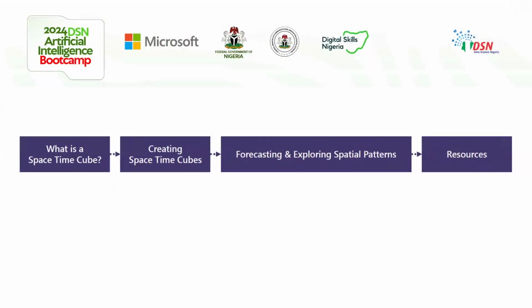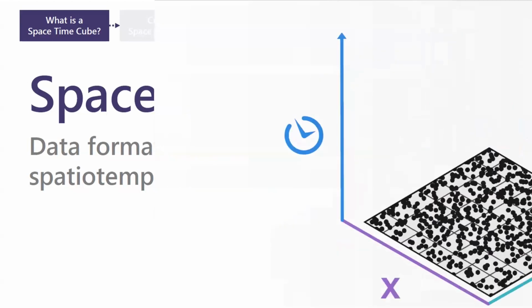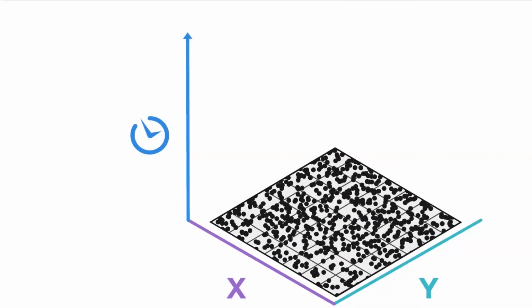So when we look at the concepts, let's start with what is a space-time cube. A space-time cube is a data format that we use to work with location data that has a time field and be able to use it for analysis. Normally, if you have any geographic information, it will have the X and Y coordinate values, so you're able to map something where it is based on its geographic location.